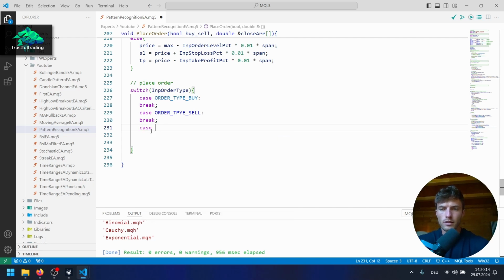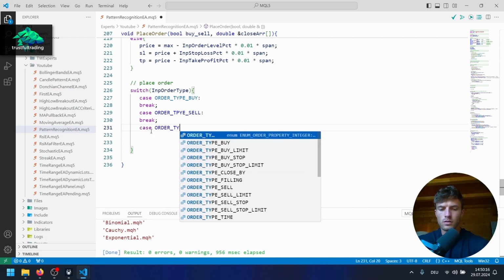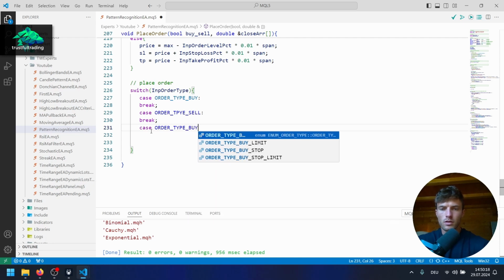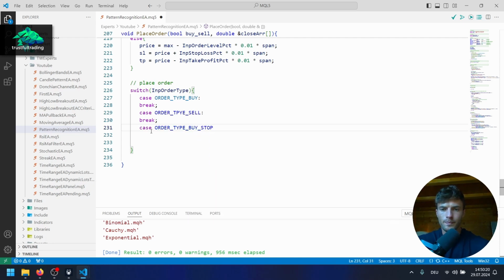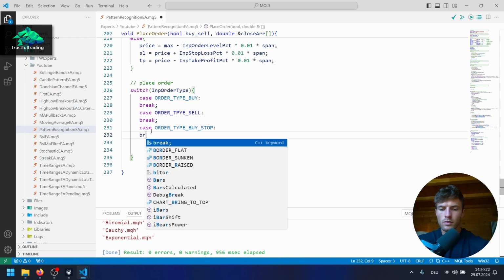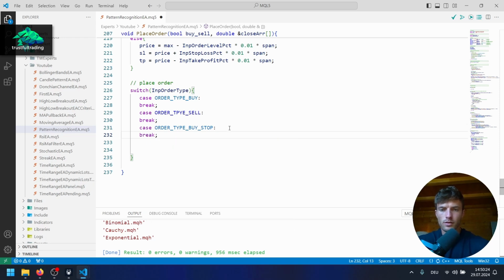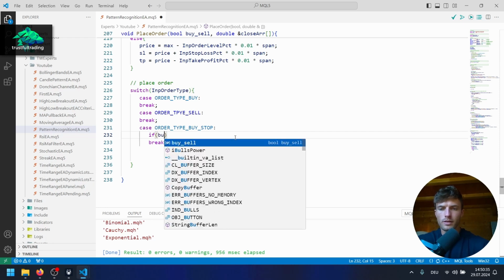Let's do case order type buy stop. Break. So here we want to place a buy stop order if our buy sell is true.